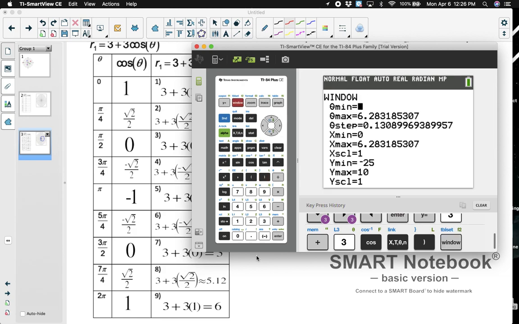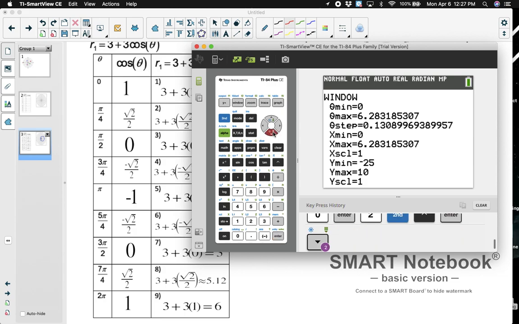I'm going to have my window. I'm going to go from 0 to 2 pi because those are the thetas we plugged in. You don't really have to change that theta step. I think that's good. Our y min doesn't need to be that large, so we'll go negative 10 to 10.